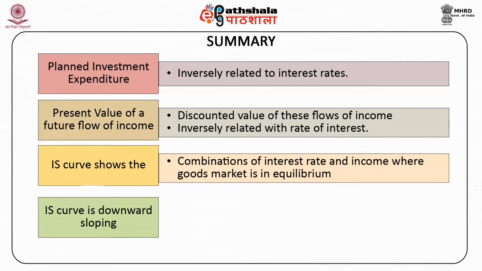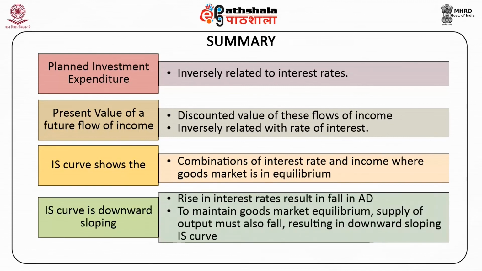The IS curve is downward sloping as a rise in interest rates results in a fall in aggregate demand. To maintain goods market equilibrium, supply of output must also fall, resulting in a downward sloping IS curve.